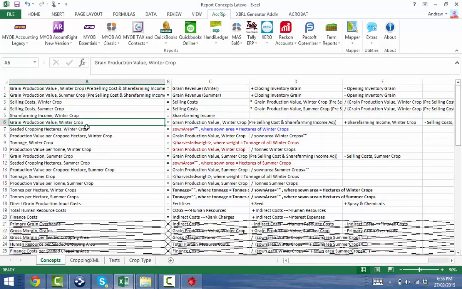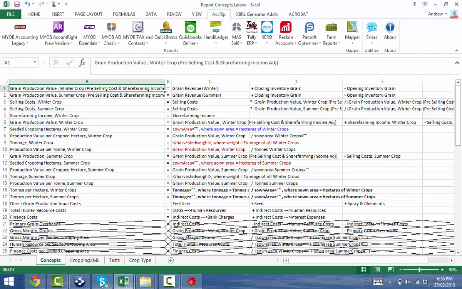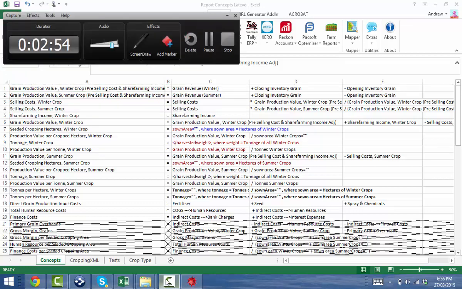Now, grain production value, which you're used to, which was the original concept, grain production value winter crop equals the grain production value over here. I'll just pause that for a sec.